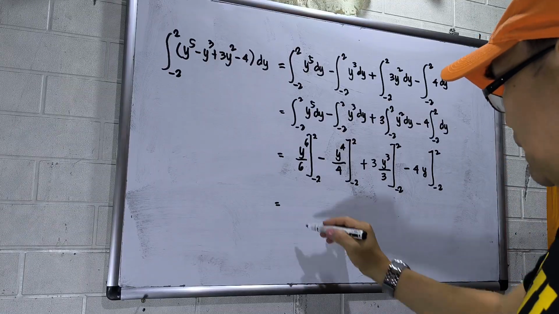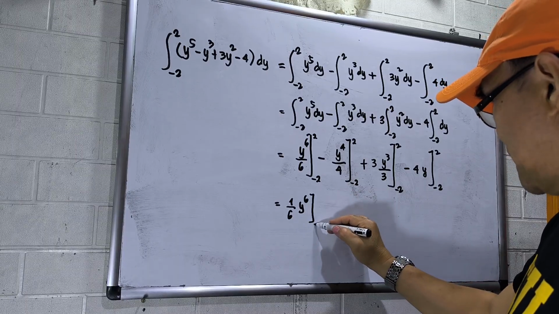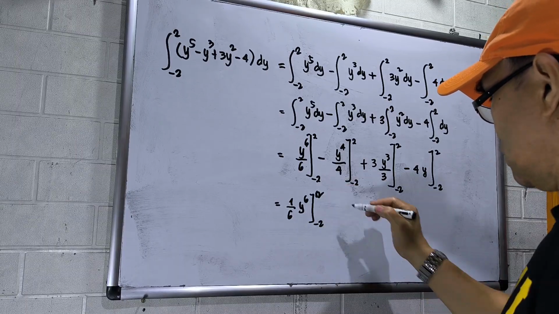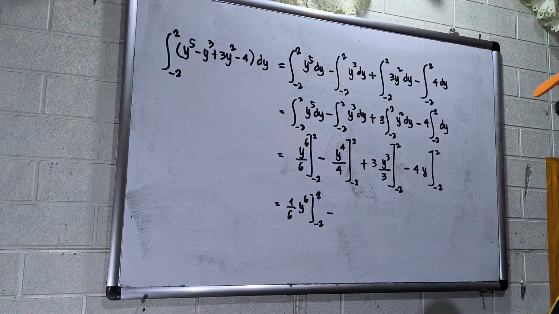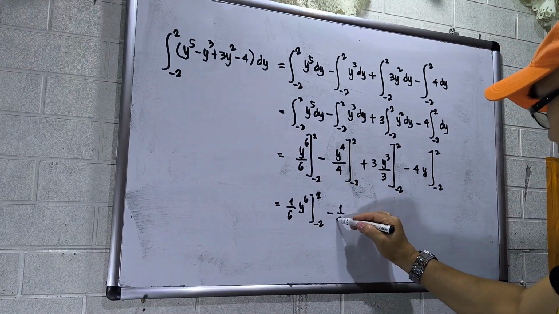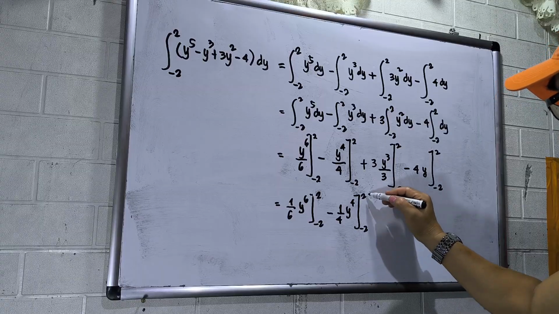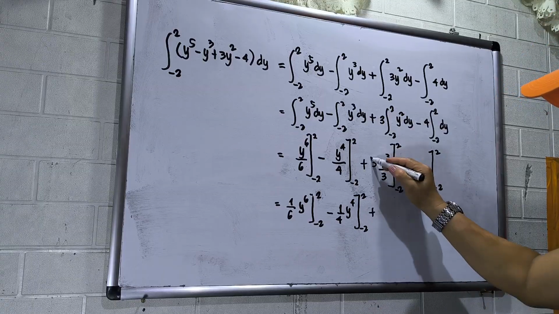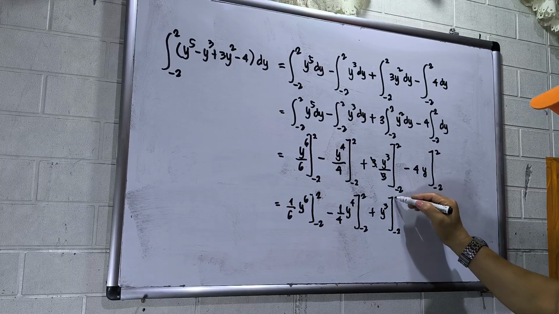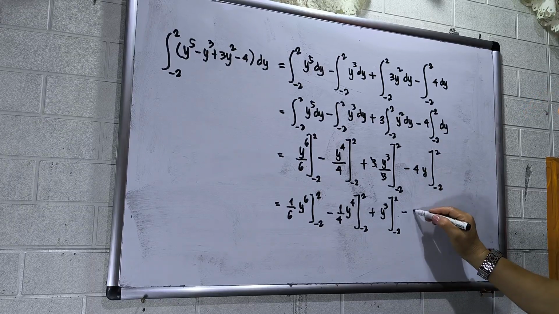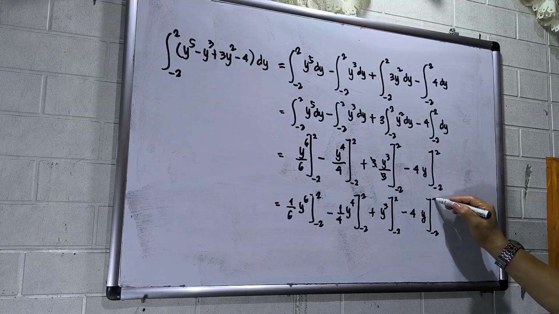So simplify: 1 over 6, y to the 6, limits from negative 2 to 2. Then minus 1/4, y to the 4th, limits from negative 2 to positive 2. Then this will be crossed out. So y cubed, limits from negative 2 to positive 2. Then minus 4y, limits from negative 2 to positive 2.